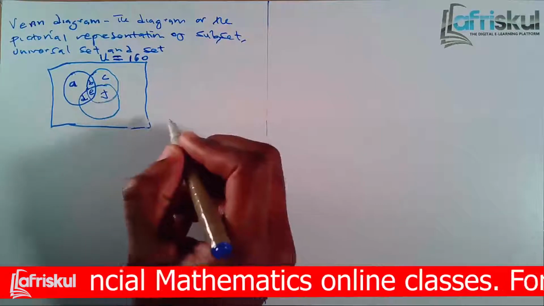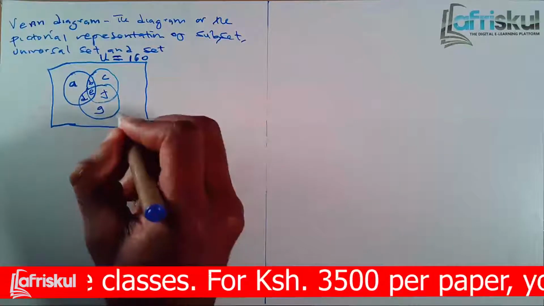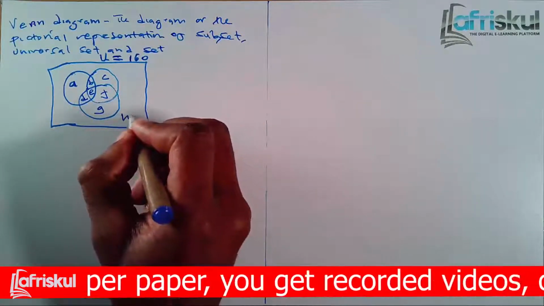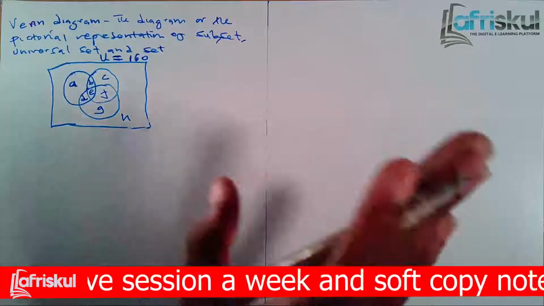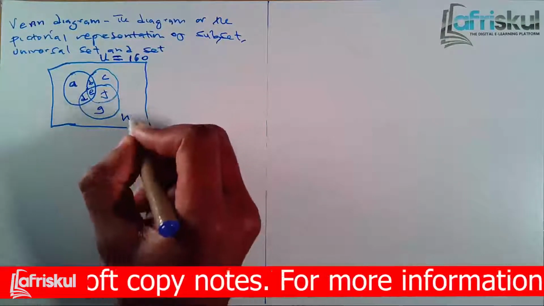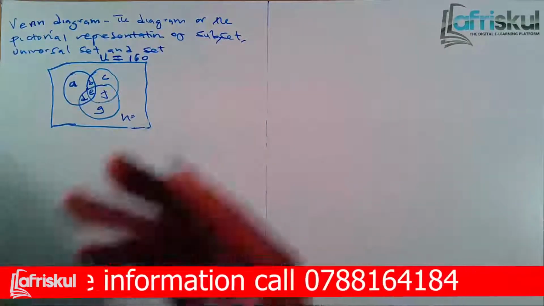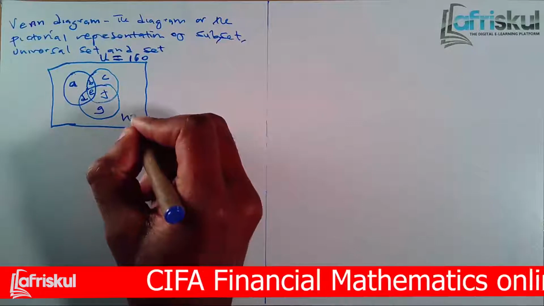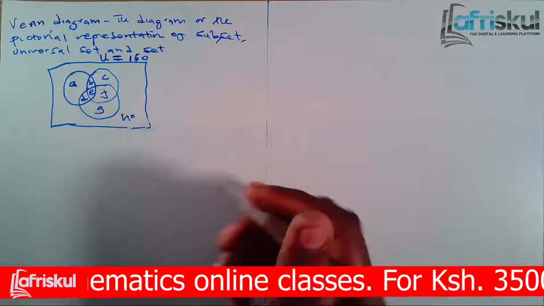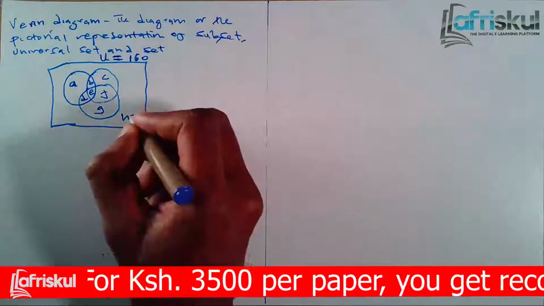So there is E, F, G, and H. H always represents those who are not using any of the modes, for example when no one is using a motorbike or vehicles or cars.